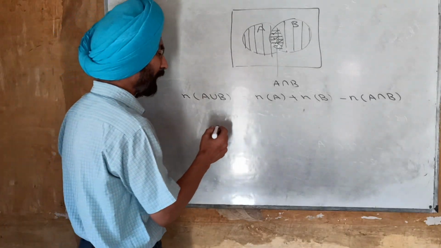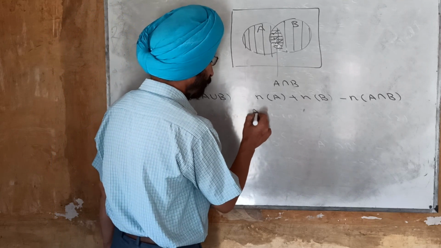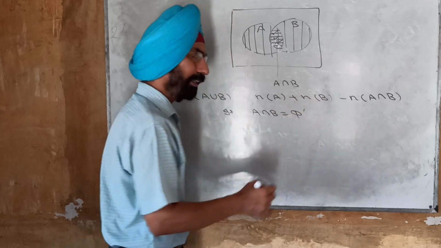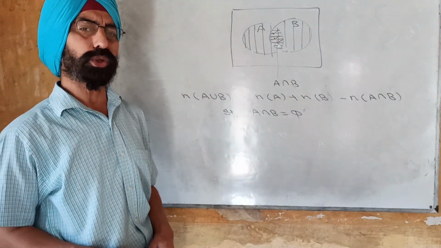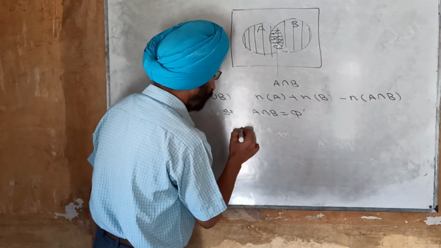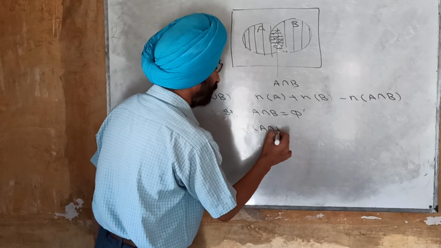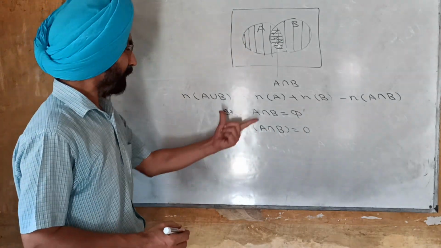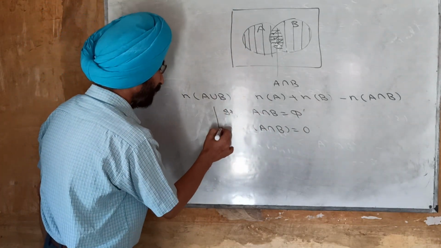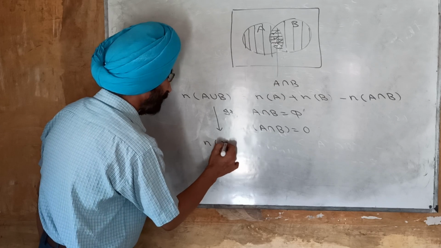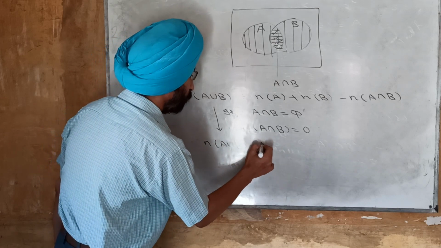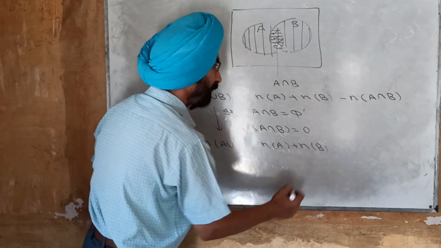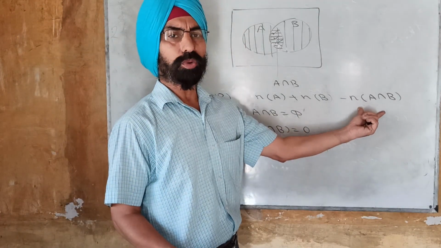So this is a formula for you. Now look at what will happen if A intersection B is empty. That means A and B are disjoint sets. Then the number of elements in A intersection B will be equal to 0. And this formula will take the form number of elements in A union B is equal to the number of elements of A plus the number of elements of B, because this term is now 0.